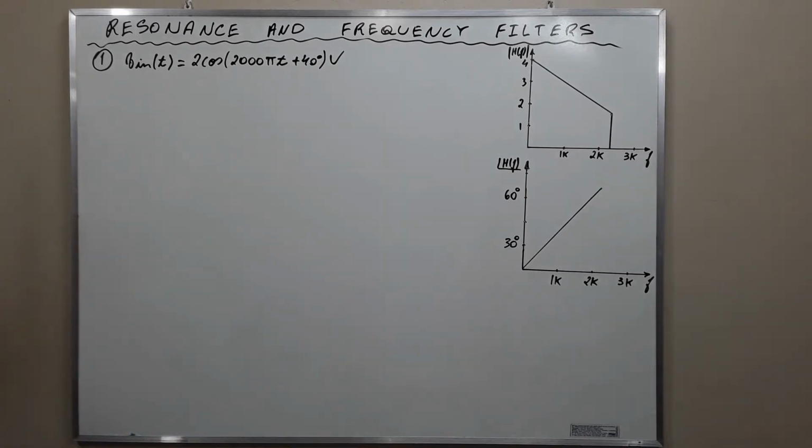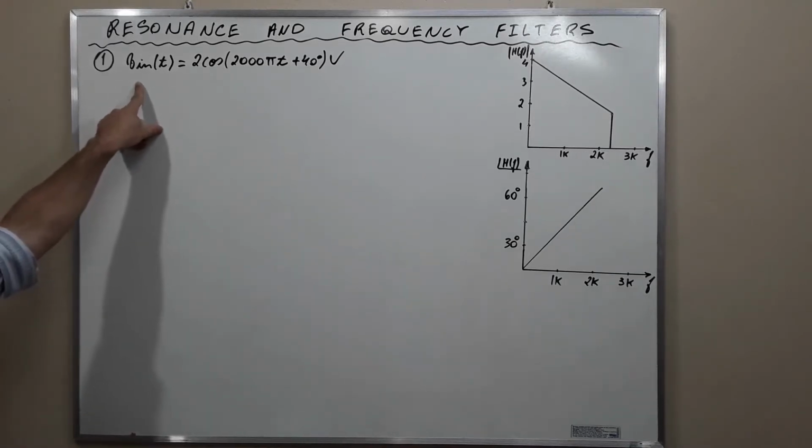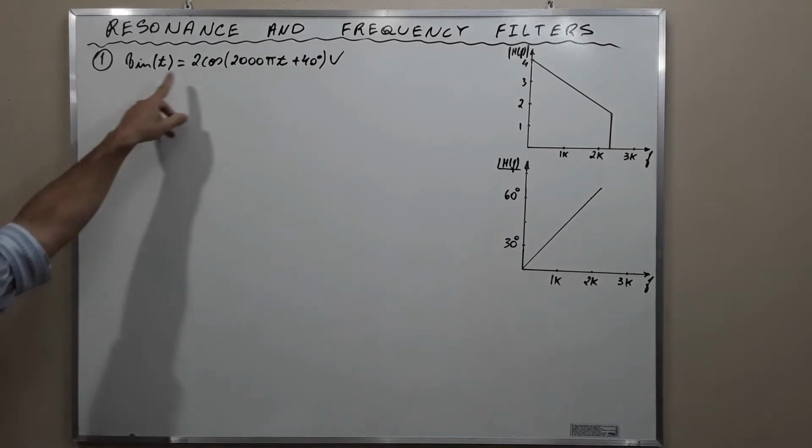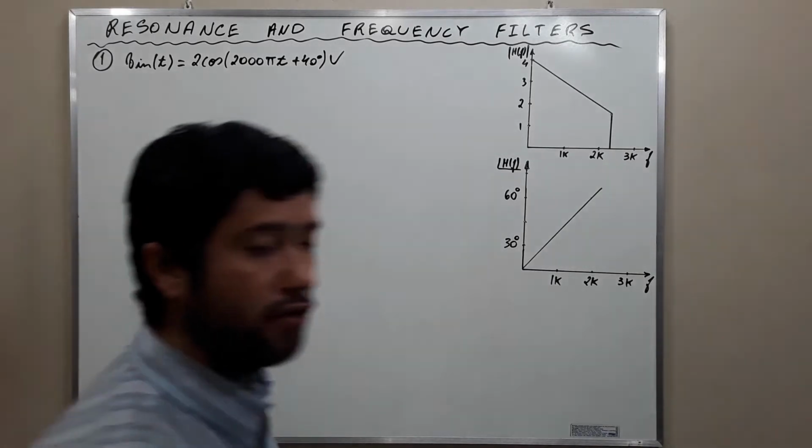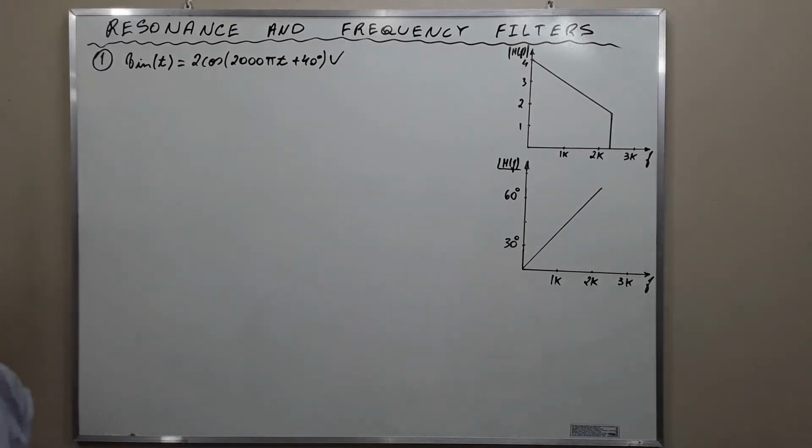The question: determine the output signal if the input is Vin equal to 2 times the cosine of 2000 pi t plus 40 degrees. Okay, my friends, this is the question. Let's go to the solution.